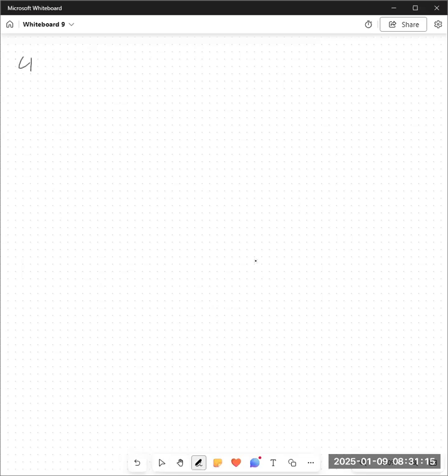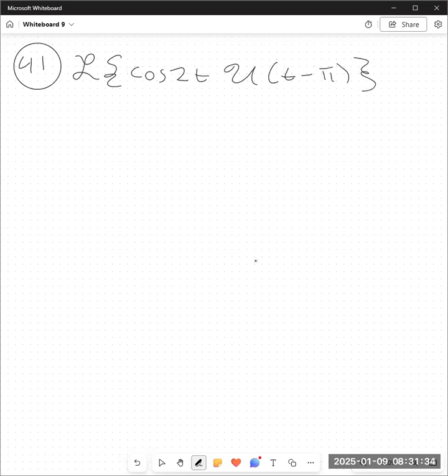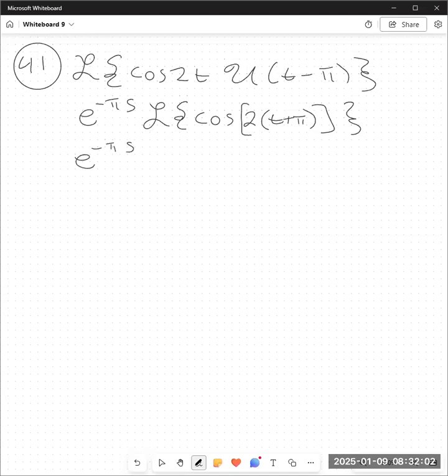Let's look at number 41. It says the Laplace transform of cosine of 2t unit step function of t minus pi is going to be e to the negative pi s, Laplace transform of cosine of 2 times t plus pi, e to the negative pi s, Laplace transform of cosine of 2t plus 2 pi.